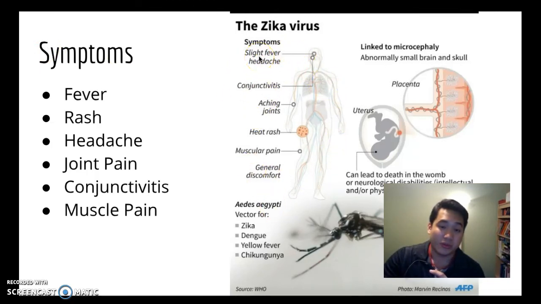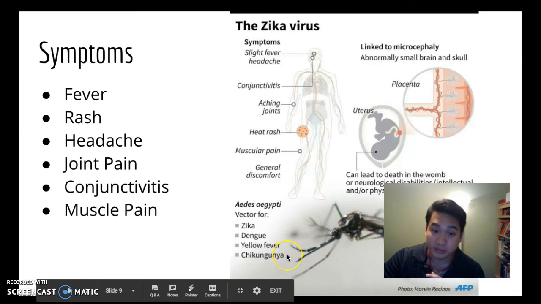We can see where the symptoms occur on the body. This image on the right shows what happens to a baby in utero and how the virus affects the child. It causes microcephaly, which we'll talk about a little bit later in the slides.